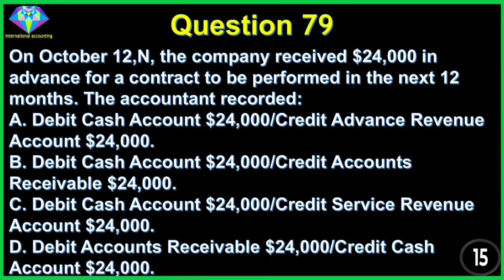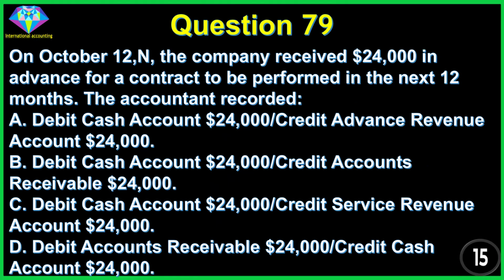On October 12, the company received $24,000 in advance for a contract to be performed in the next 12 months. The accountant recorded A. Debit cash account $24,000 per credit advance revenue account $24,000. B. Debit cash account $24,000 per credit accounts receivable $24,000. C. Debit cash account $24,000 per credit service revenue account $24,000.